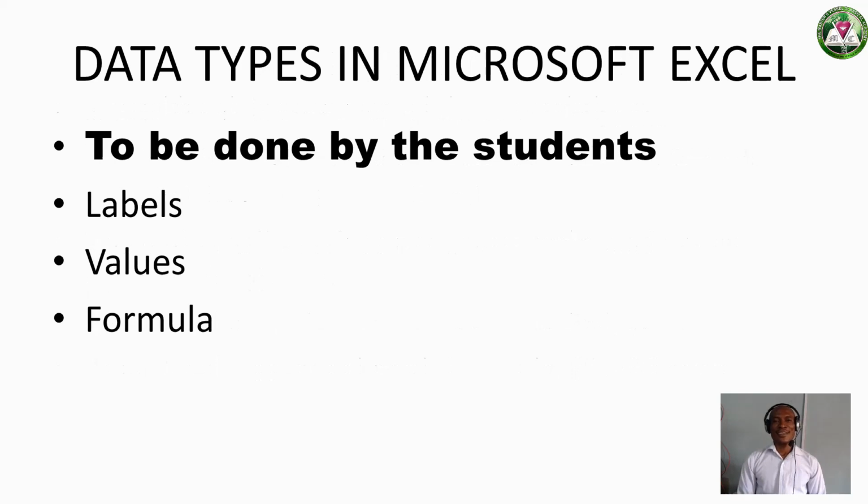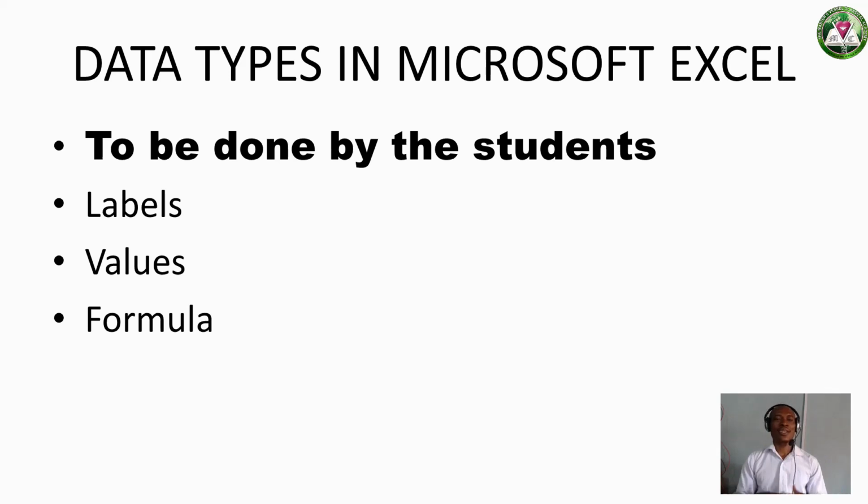Now, in Excel, we have some data types that can be entered in Excel. I said there are data types that can be entered in Excel. That is, these data types are the kind of entries Excel will allow you to enter in a worksheet. And what are these data types?